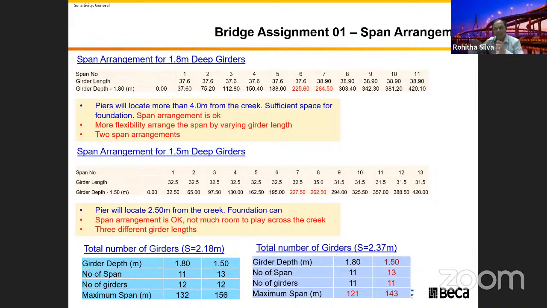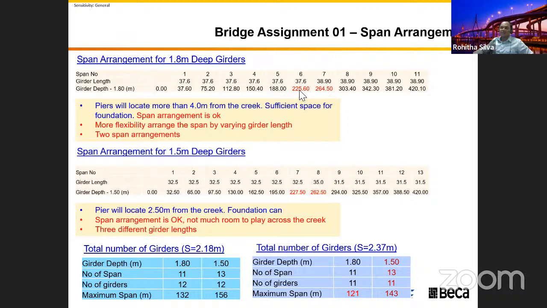And you have a 6 span or 7 span, then 4.2 meters you shift in here. You lost that 4.2 meter, but you need to accommodate it within 5 spans. So then I increase 38.2 to 38.9 meters. Then I got my span arrangement.